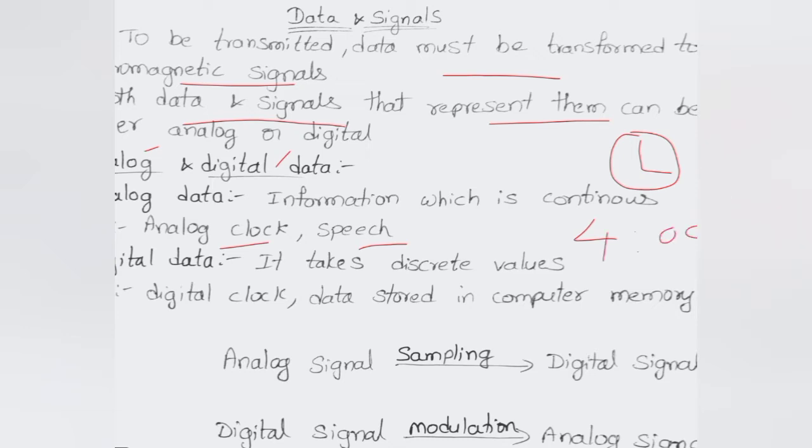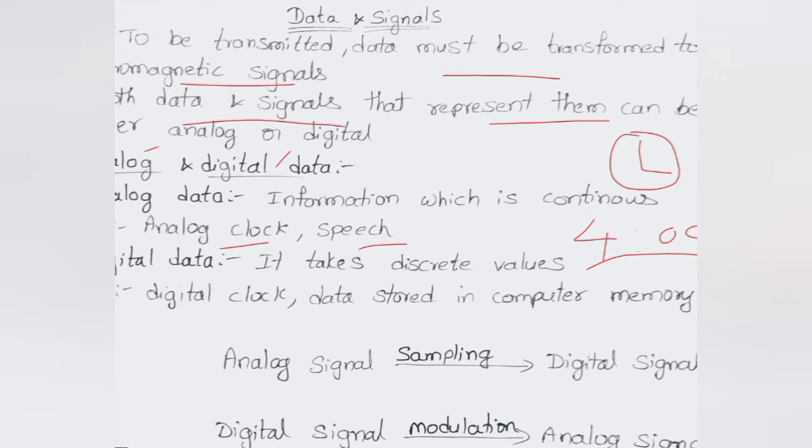So digital data is discrete, whereas analog is continuous. The data stored in computer memory will be in digital format. We know that the binary bits are 0 and 1, so everything in the computer will be stored in the format of binary bits, that is digital data.